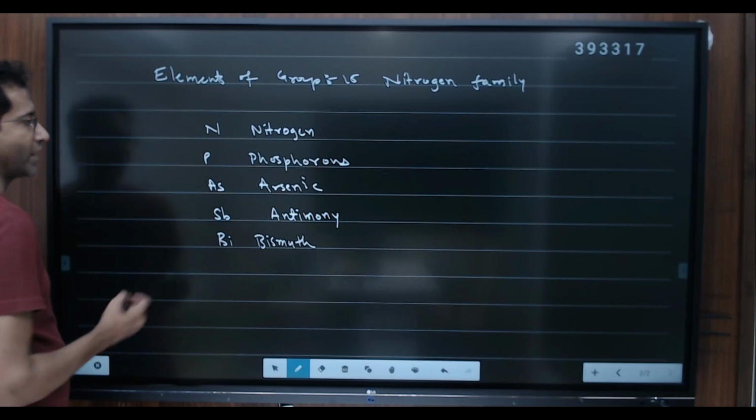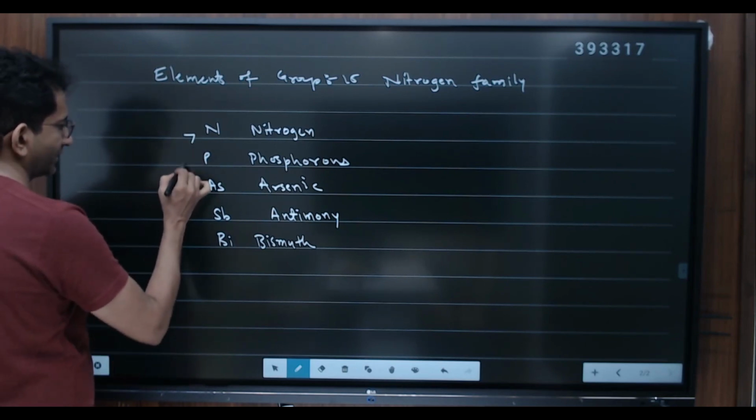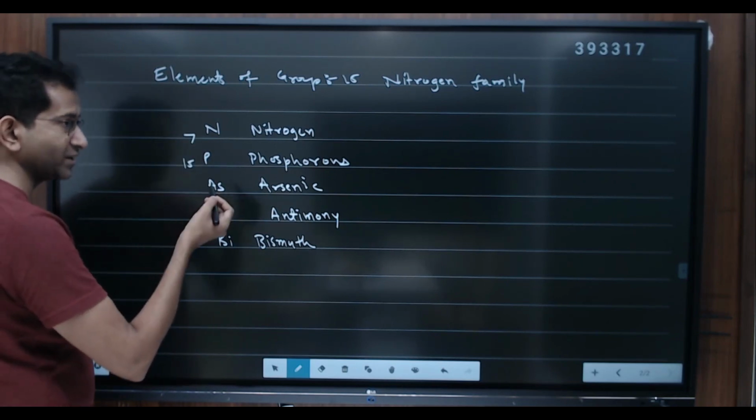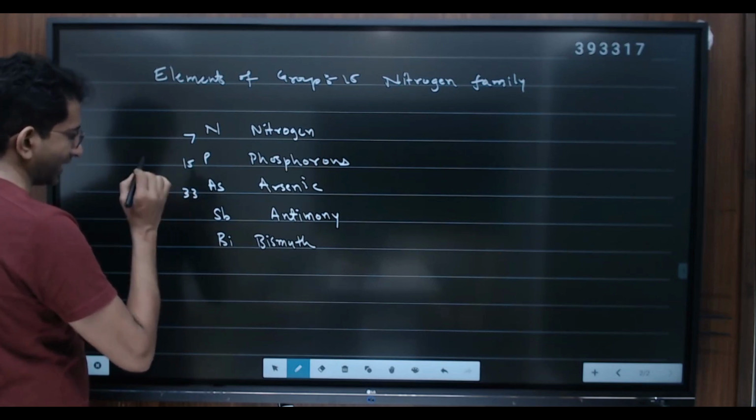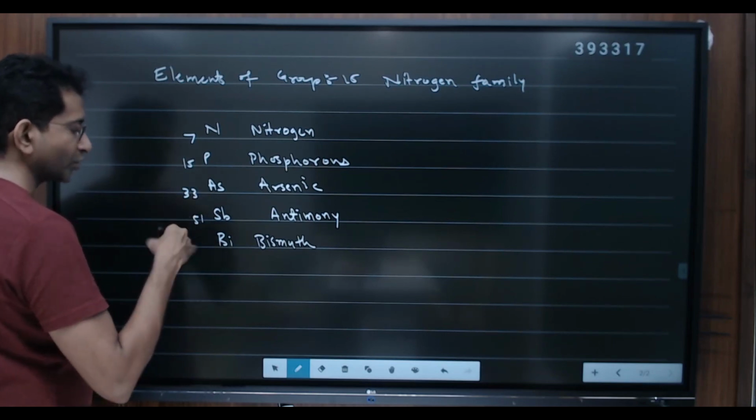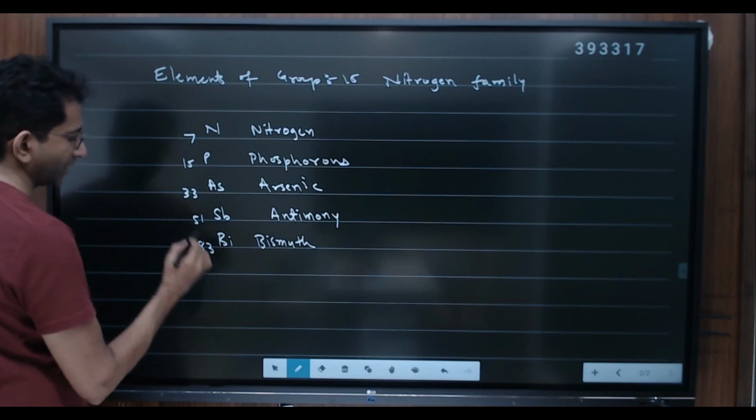If we focus on the atomic number, it is 7, then 15, you can add 18, you will get 33, you can add 18, you will get 51, you can add 32, you can reach up to 83.